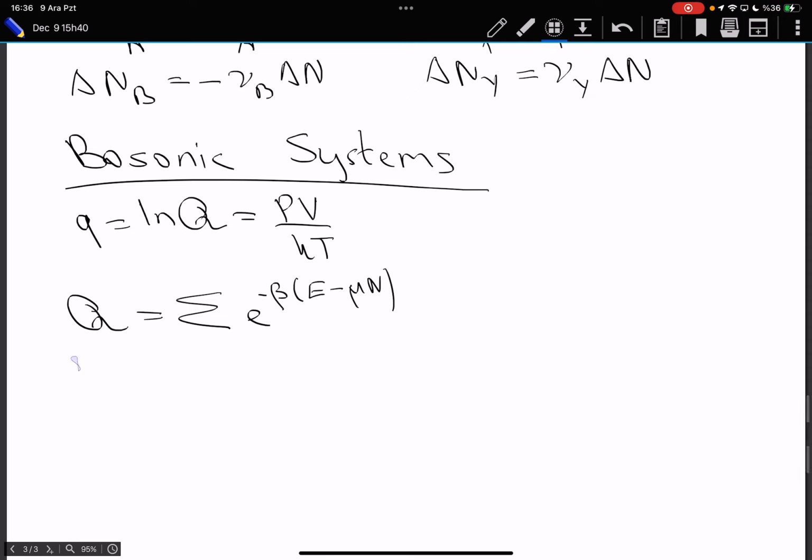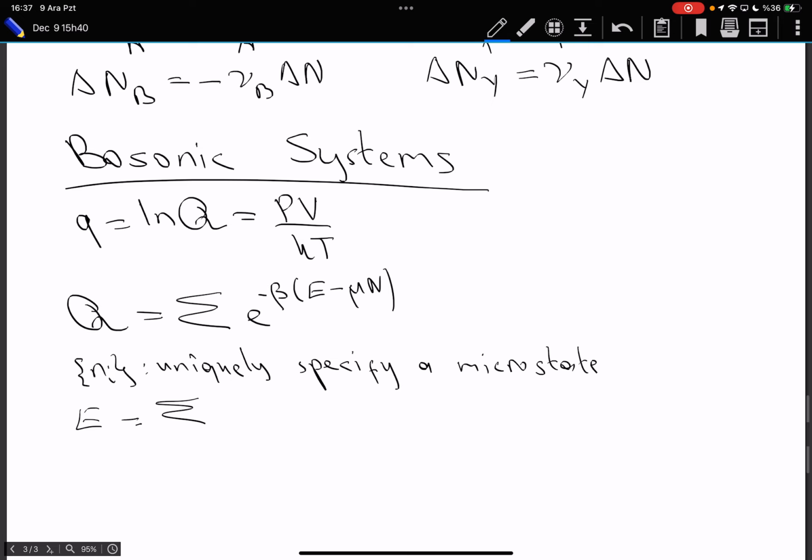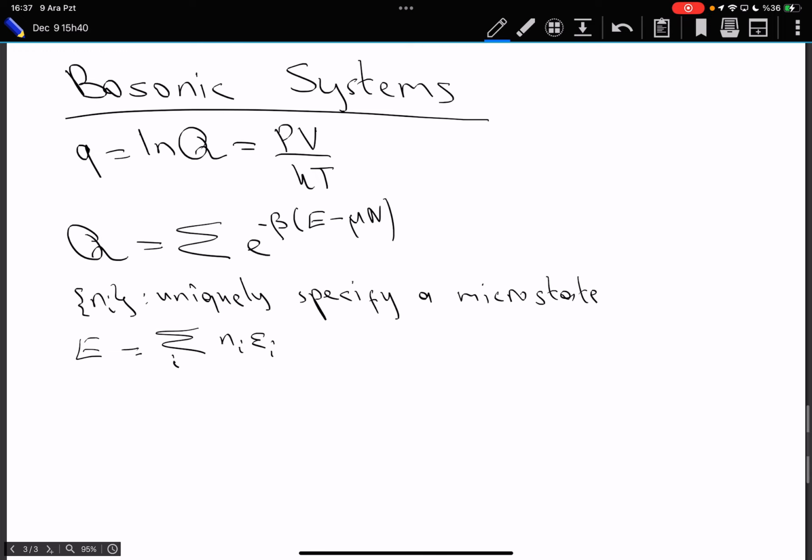And remember, the N_i, the occupation numbers, uniquely specify a microstate. If we ignore the interaction between the particles, E was equal to the sum over i of N_i epsilon_i, summed over all the single particle states, and capital N is the sum over N_i.